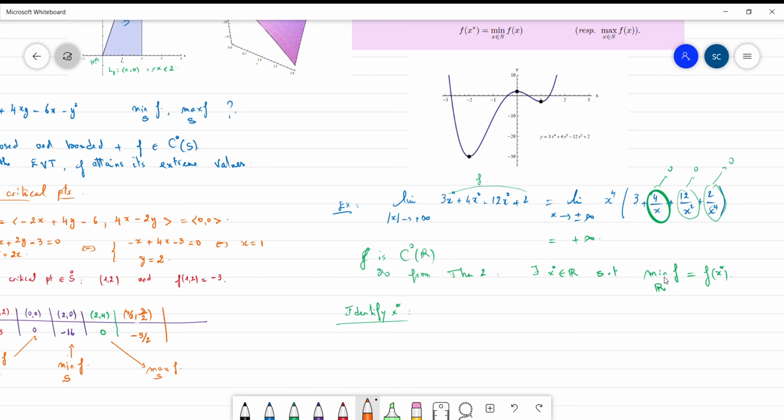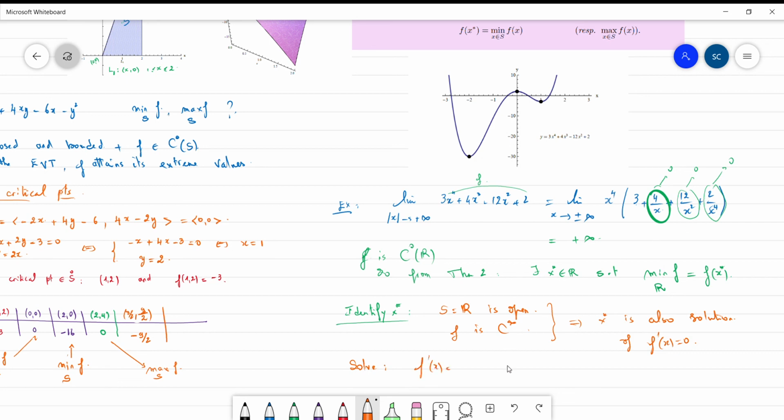So the set R is open, and f is regular, it is C infinity. So x star is a critical point, a solution of f prime of x equals 0. Let's solve the equation f prime of x equals 0.